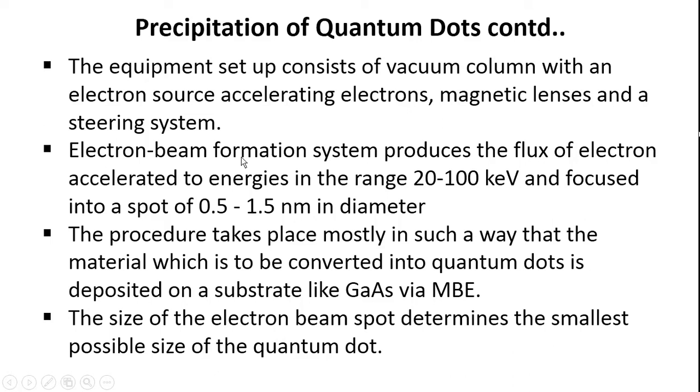This electron beam lithographic system produces a flux of electrons accelerated to energies in the range of 20 to 100 kilo electron volt. That is focused into a spot, and that spot size is about 0.5 to 1.5 nanometer in diameter.